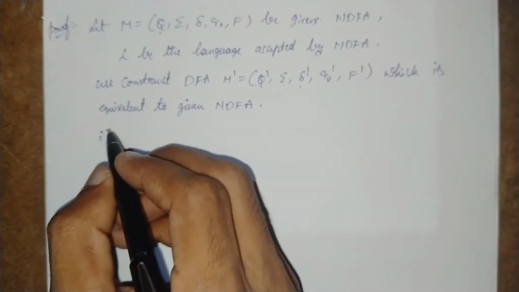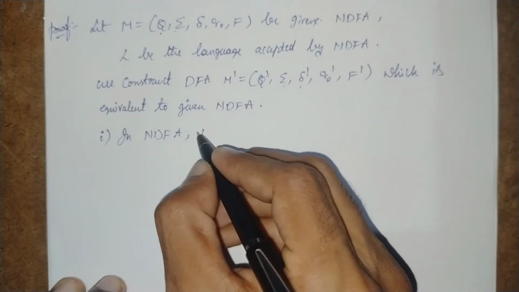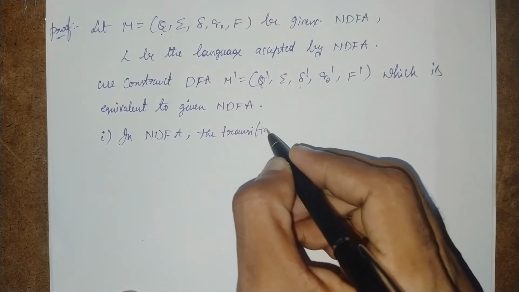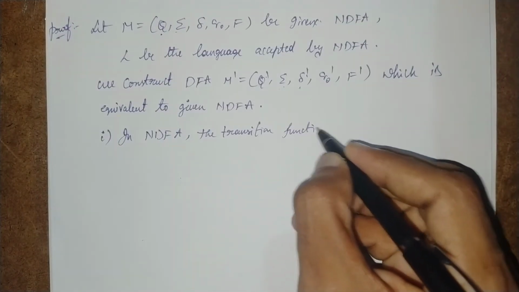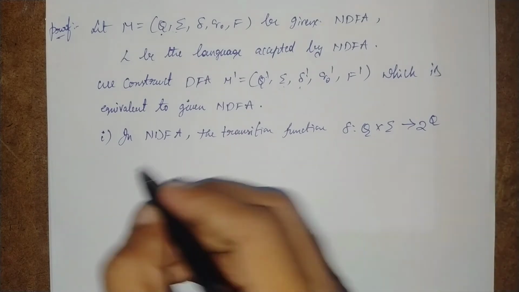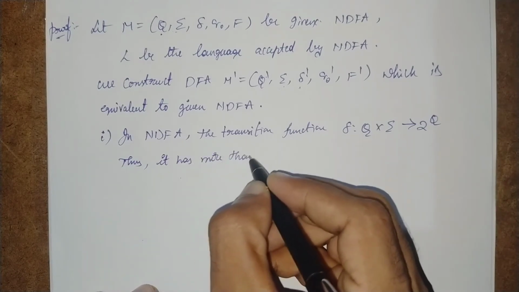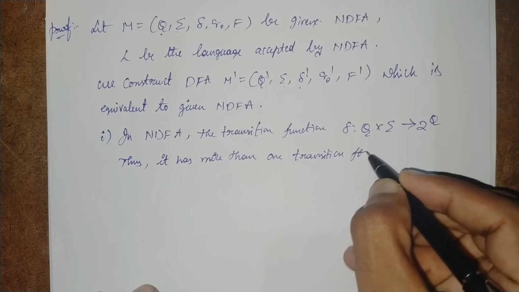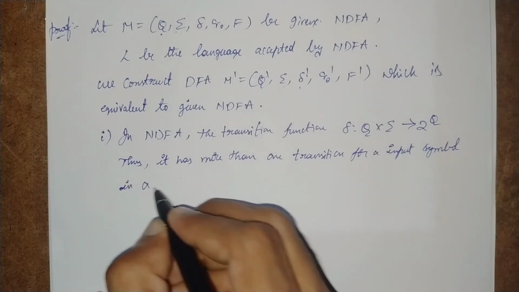So now first, the Q0. In NDFA, the transition function delta is a mapping from Q times sigma to 2 power Q. Thus, it has more than one transition for an input symbol in a state.